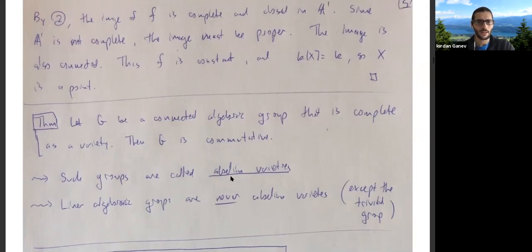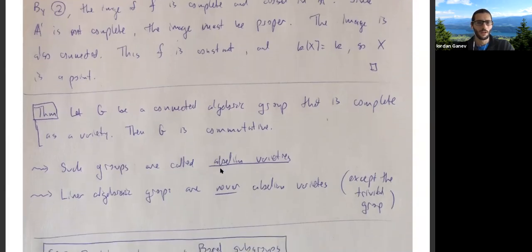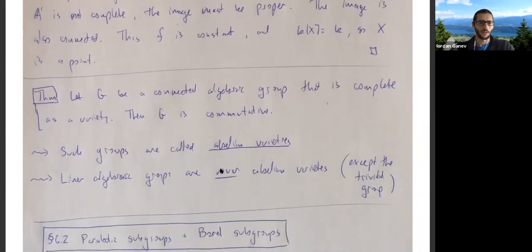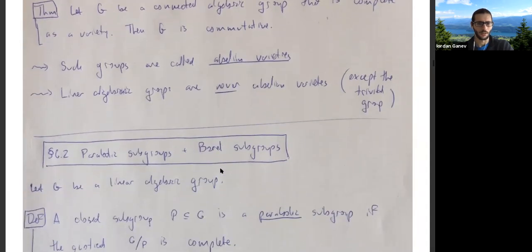Okay, so that's the facts we need about complete varieties. Any further questions before we move on? I know it's maybe a lot of new material, but let's move on.